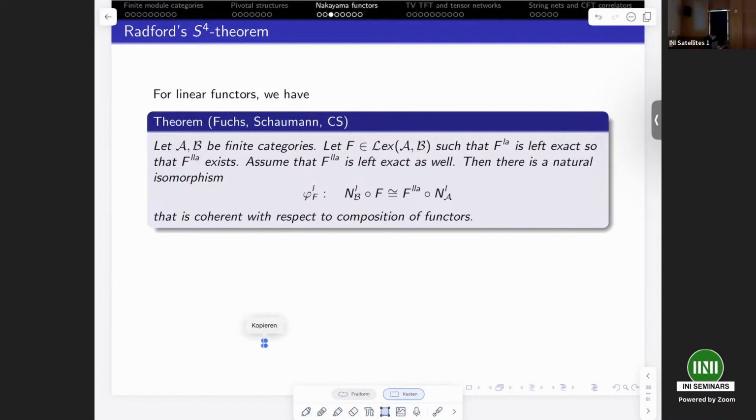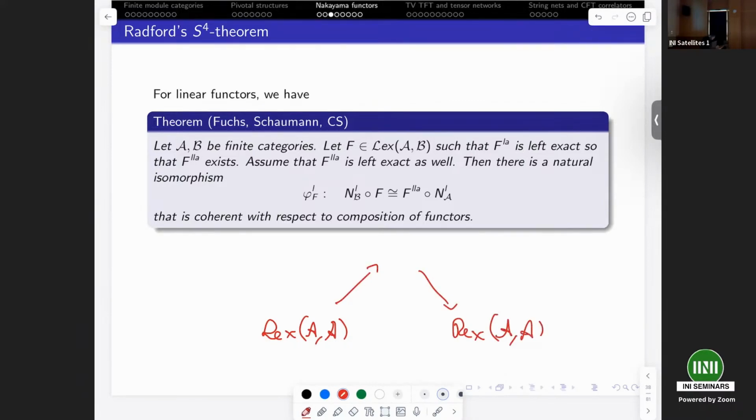So we had here left exact functors. Then we went to bimodules, and then we went to right exact functors. And here we had the identity, the Nakayama. The identity has this property that it commutes under composition with any other functor.